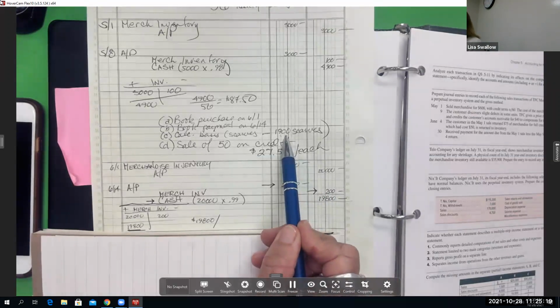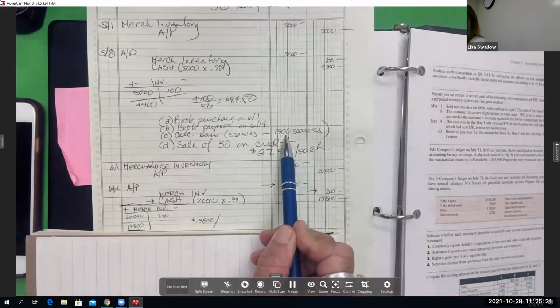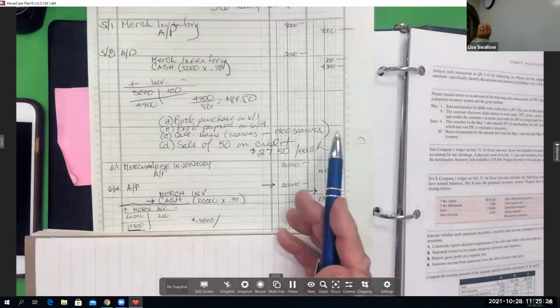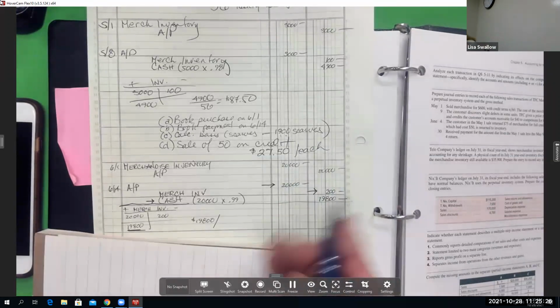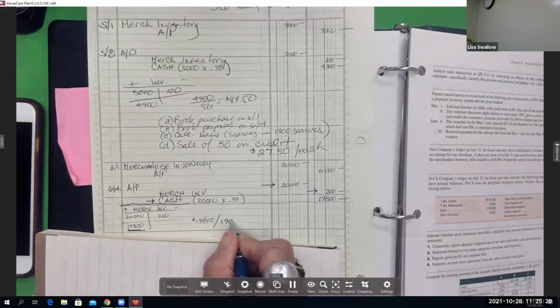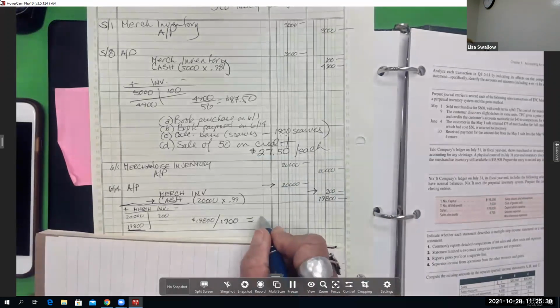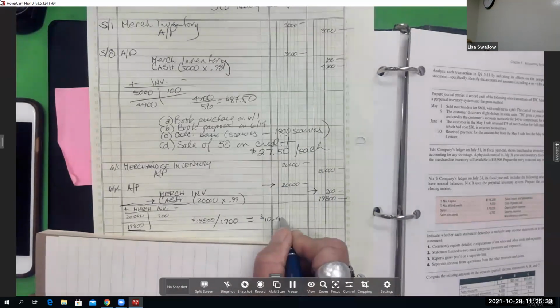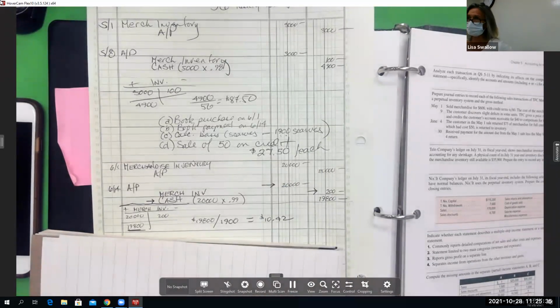1,900 scarves. Now, how much do I have as a cost basis in each scarf? $10.42. That's what each one of those cost me. Now I'm selling them for $27.50. How many journal entries do I have? Well, 4 accounts, 2 journal entries.